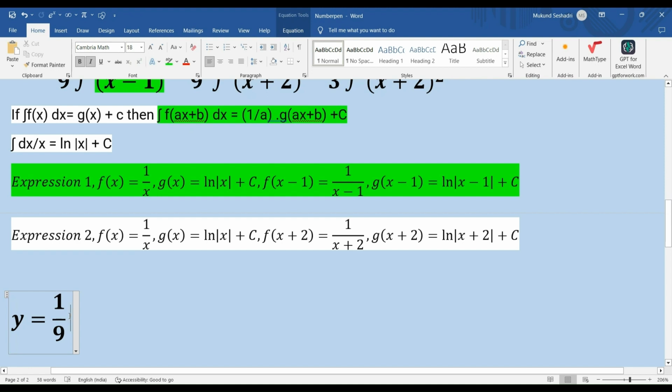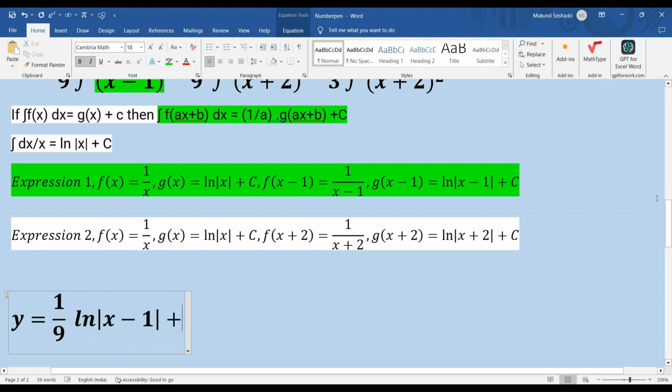So I've worked out my g of ax plus b for the first expression, and I need to plug in my 1 by a. I don't have to worry about my a because it is a 1. So I can directly write it as ln of mod of x minus 1.